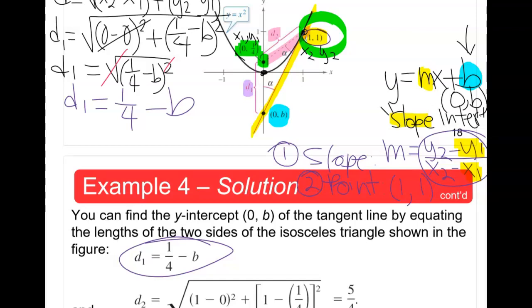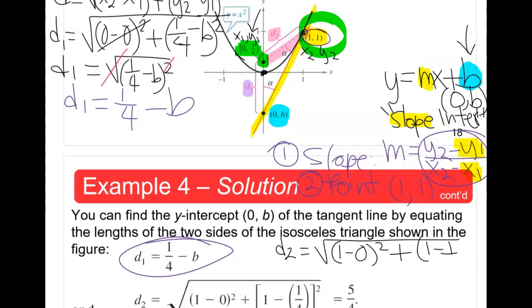So if we substitute that into the distance formula, and here we're solving for d sub 2, we will have 1 minus 0 squared, plus 1 for y sub 2 minus y sub 1, which in this case is the 1/4 right there.